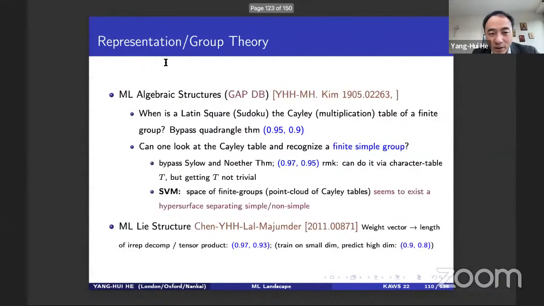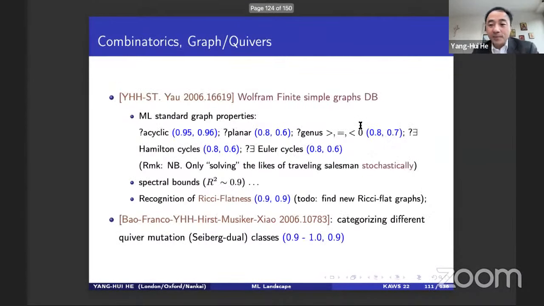But once you put in group structure, we did actually enhance this data, because the Cayley table is defined only up to permutation. You can recognize finite simplicity of a group versus non-simplicity of a group using some standard machine learning algorithm. So this is not bad, that you can still solve stochastically problems of such a nature.